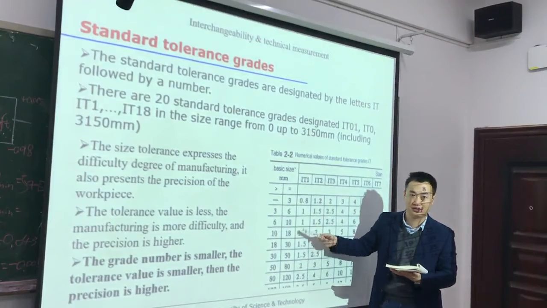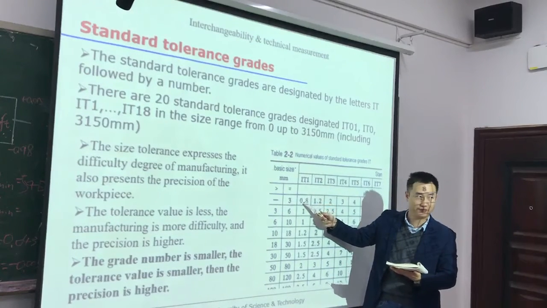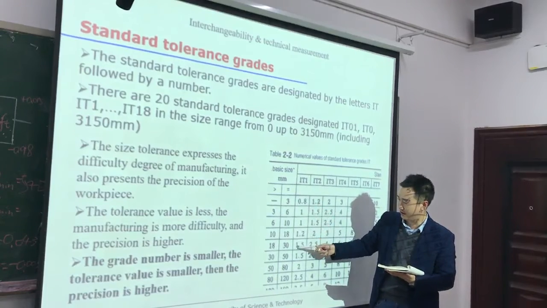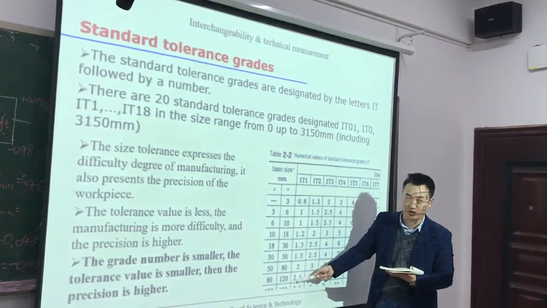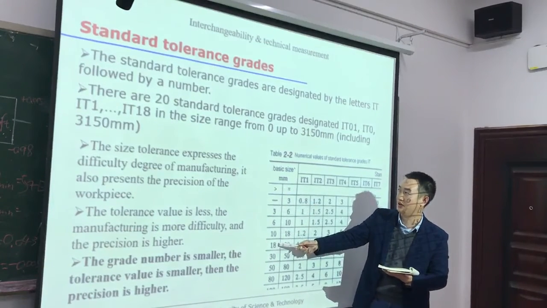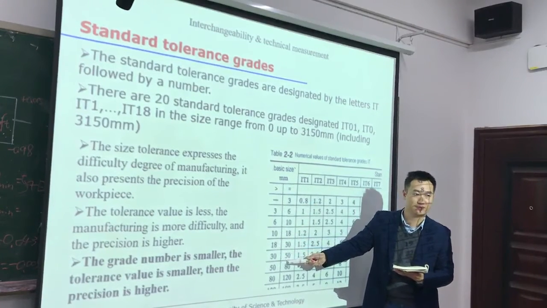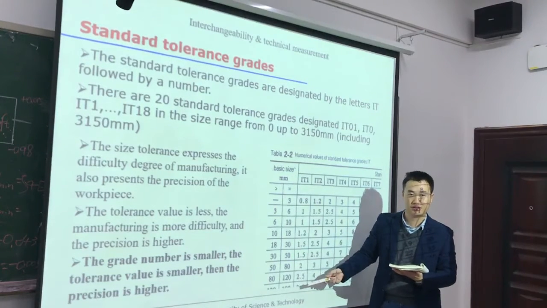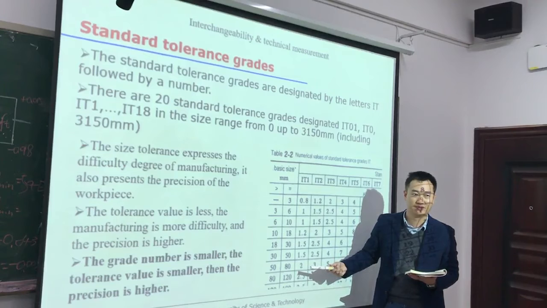Can you see that? The value of the standard tolerance increases along with the increase of basic size. Why?